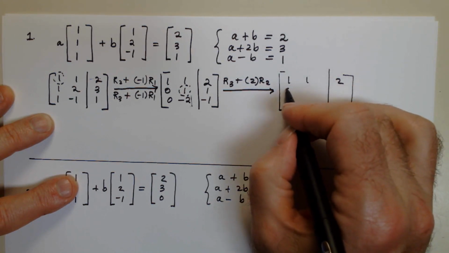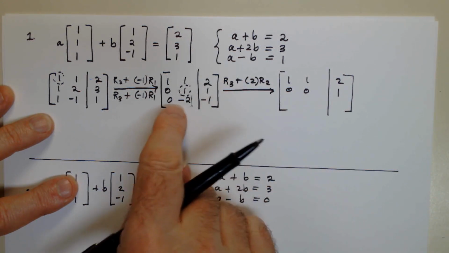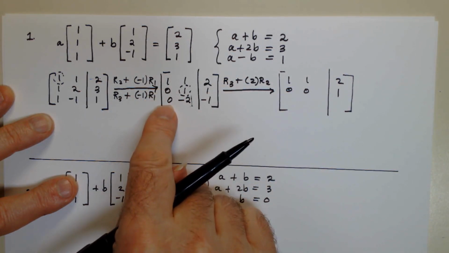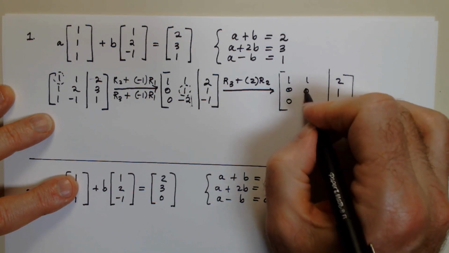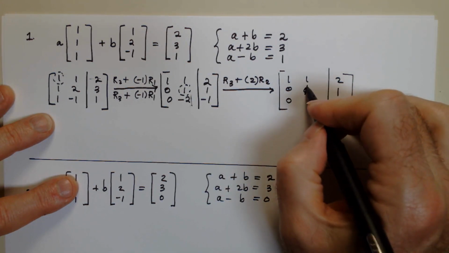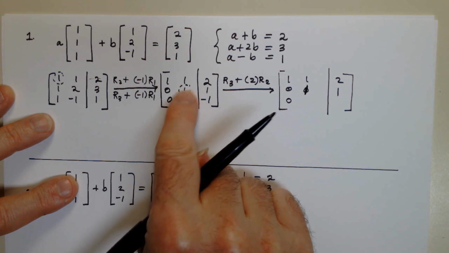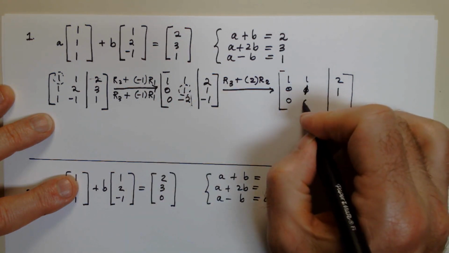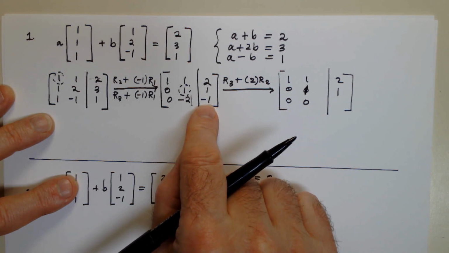Row 2 is not changing. Now row 3 is changing according to this recipe. So when I multiply by 2 and add down, that still stays as 0. I said row 2 wasn't changing, but then I changed it, so this should be a 1 here. When I multiply by 2 and add down, I get a 0. And when I multiply by 2 and add down, I get a 1.